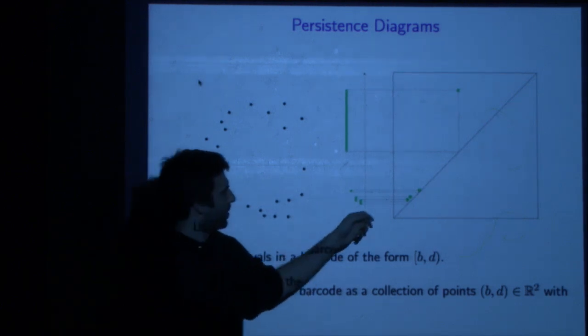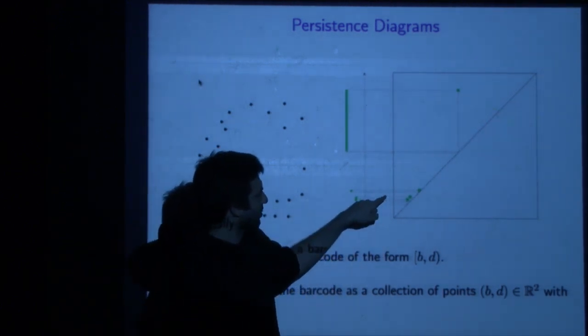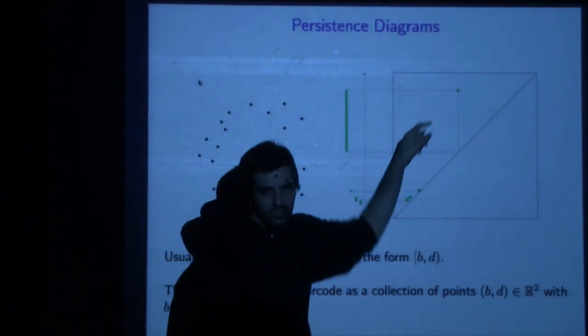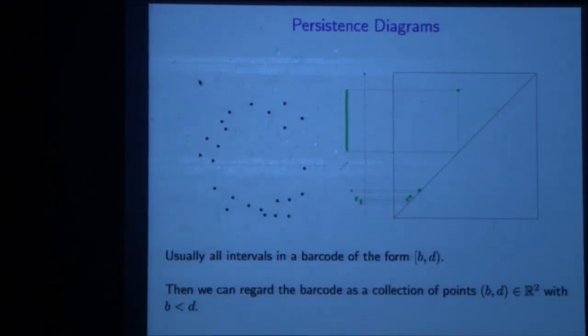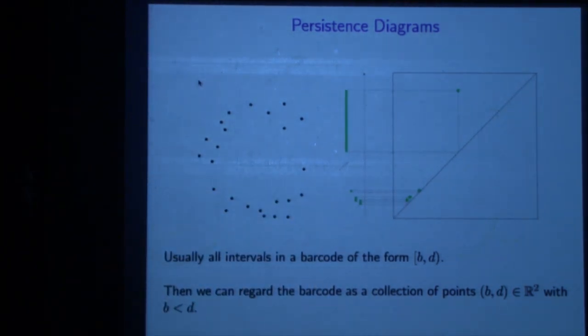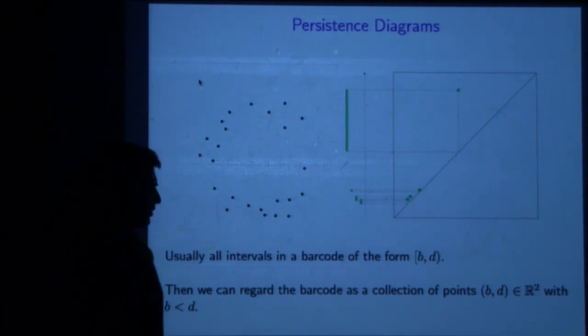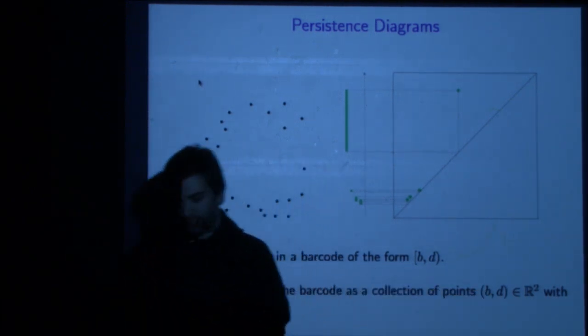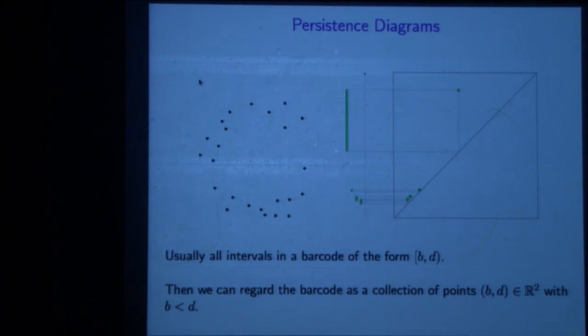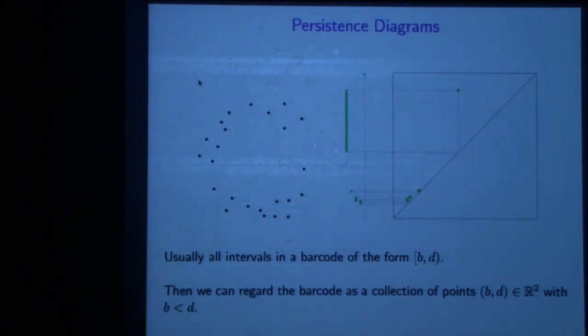Now I've done it vertically, and then alternatively I can display this as this diagram like that, a collection of points. And D, I'm lying a little bit because we're also allowed to have D be infinity. But okay, so that's the persistence diagram representation.